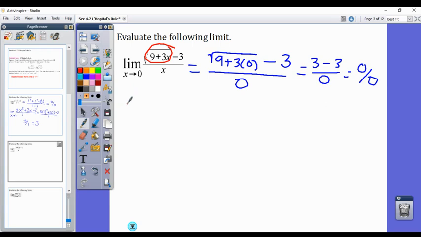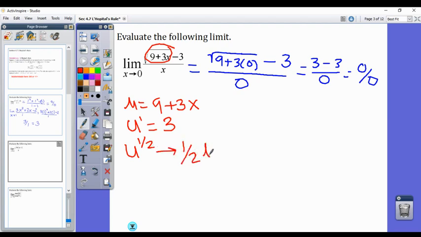So I'm going to say that u is going to equal 9 plus 3x. So that would give me the derivative as 3. And then I'm going to say that u to the 1/2, and I'm going to take the derivative of that. So I'm going to end up with 1/2 u to the negative 1/2. So we're going to end up with 3 from this in my numerator, 2 in my denominator.